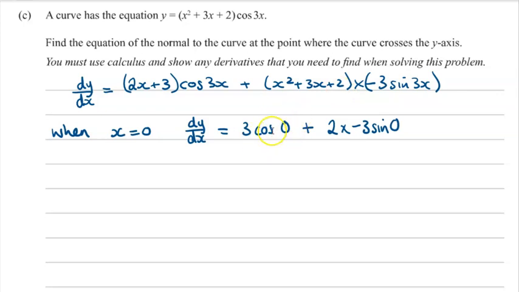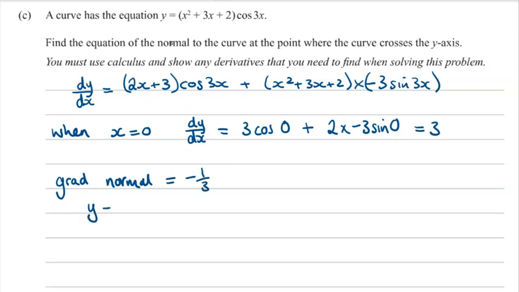Well, cos of 0 is 1, sine of 0 is 0, so that will equal 3. Now that gives us the gradient of the tangent, and we want the gradient of the normal. So gradient of the normal will be the negative reciprocal.